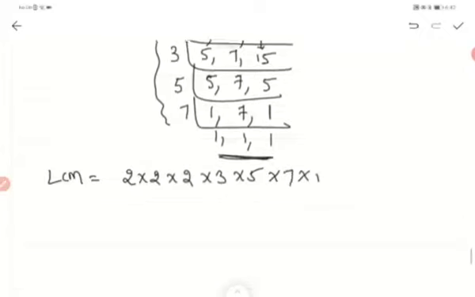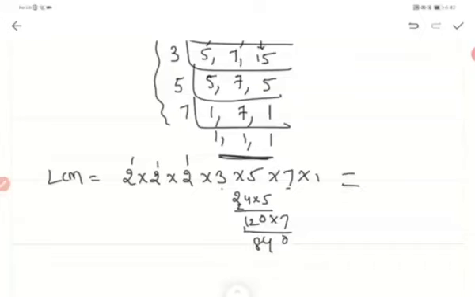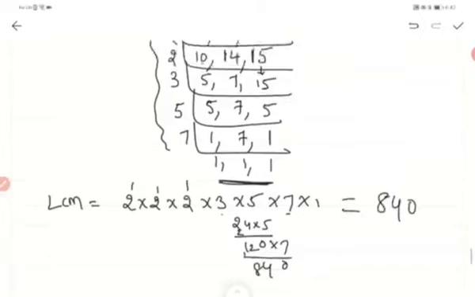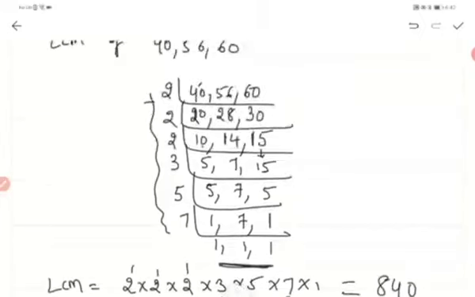Just find this multiplication. 2 2's are 4, 4 2's are 8, 8 3's are 24, 24 into 5 is 120, 120 into 7 is 840. So the least common multiple of 40, 56 and 60 will be 840.